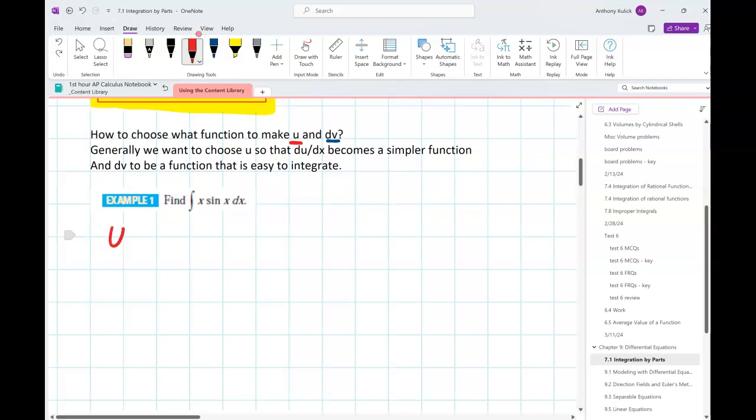So we need to pick a u and we need to pick a dv. My two functions are x and sine x in this example. Which one gets simpler when we take the derivative of it?